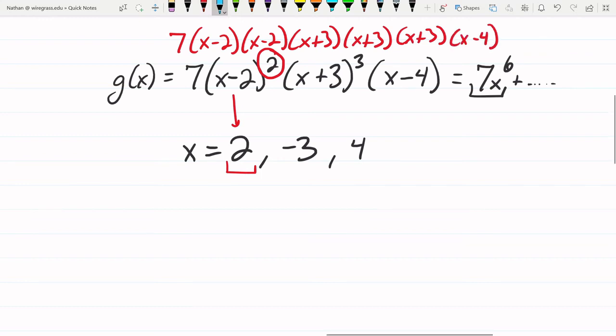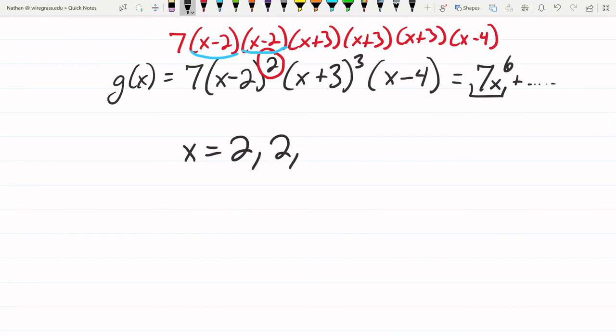And you'll notice that there is x minus 2 twice, then we have negative 3 three times and 4. However, there's no reason to write it like this because x equal to 2 and then x equal to 2 is the same zero. It hasn't changed anything.